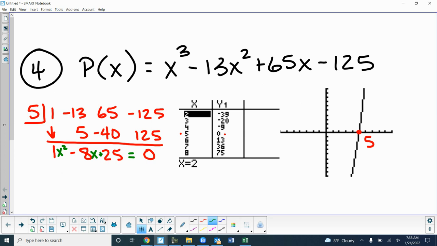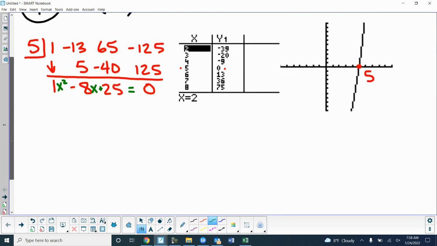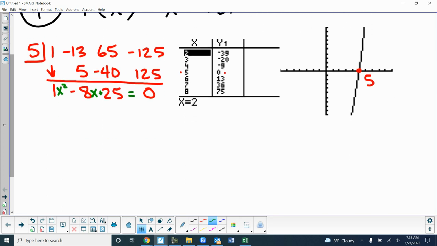Okay? That quadratic. Well, that won't factor. There's no factors of 25 that add up to negative 8. Because, again, we know it's going to be imaginary because we can't see them on the graph, right? So I have to use the quadratic formula here to find the other 2. So I'm going to go x equals negative b.